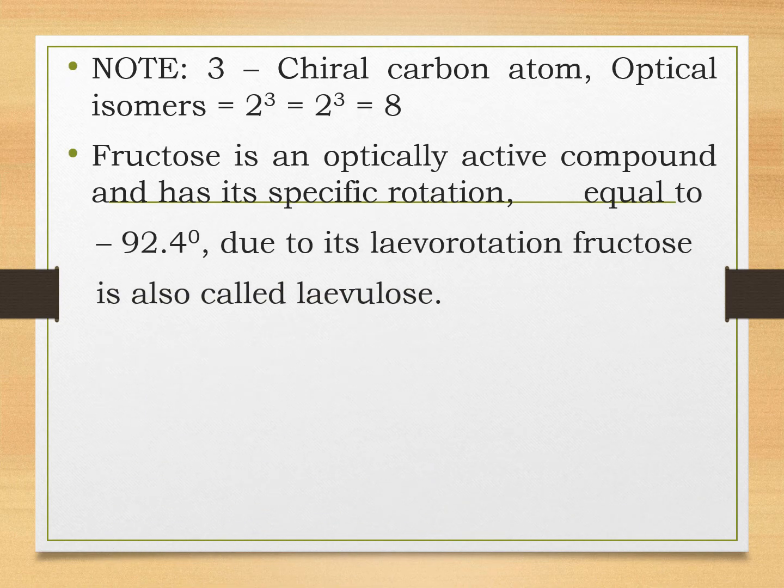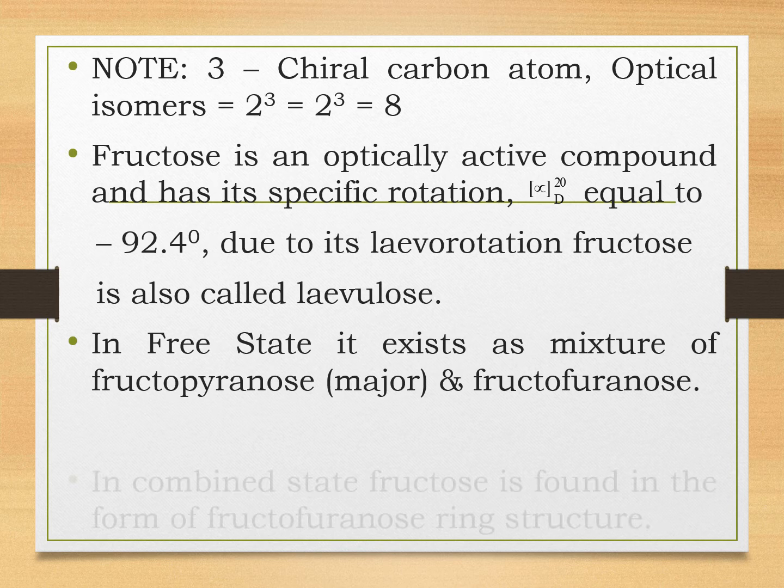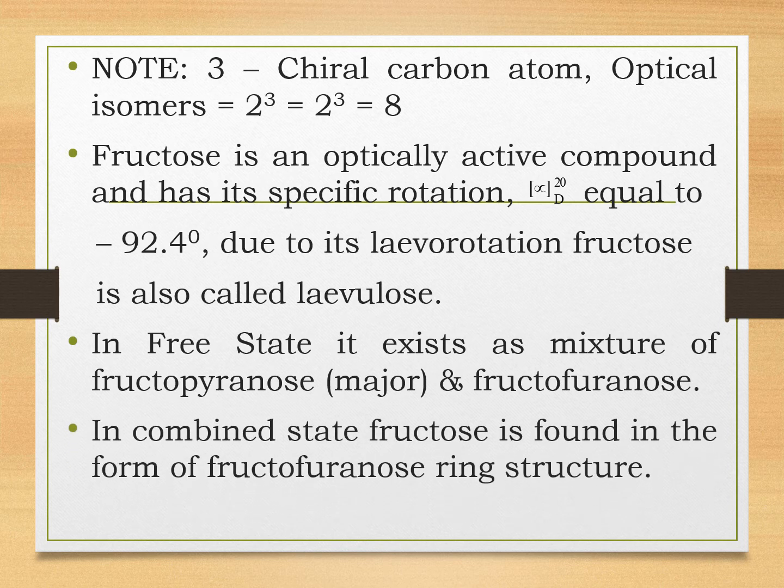Fructose is a optically active compound and it shows a levorotation. That is the rotation of plane polarized light towards the left hand side, and that is why the specific rotation of fructose is minus 92.4 degrees. The minus sign is because it is having a levorotation, and due to its levorotation it is also called as levulose.